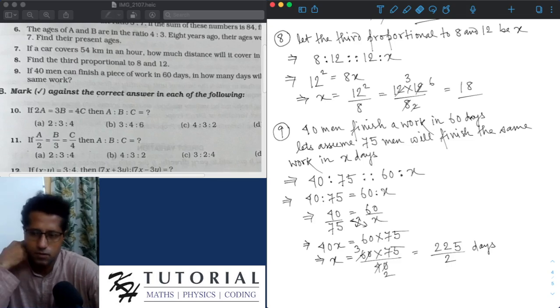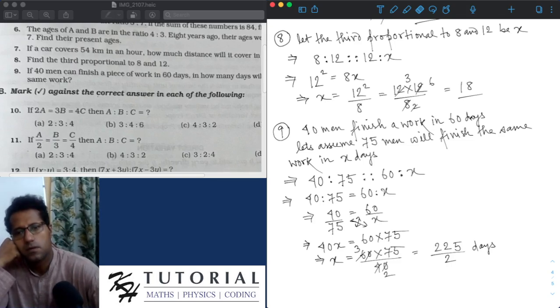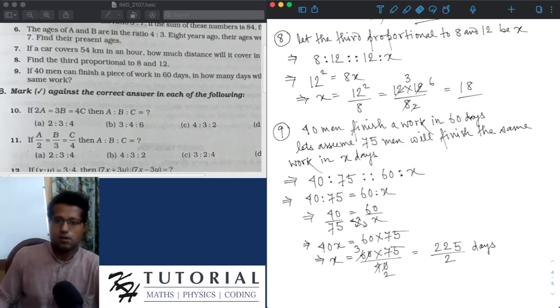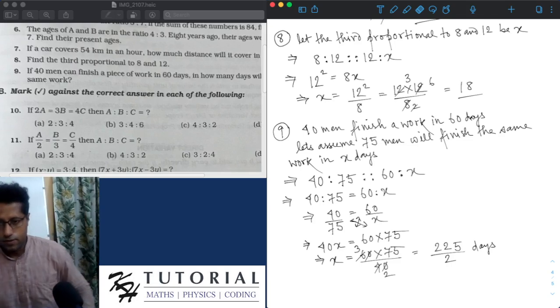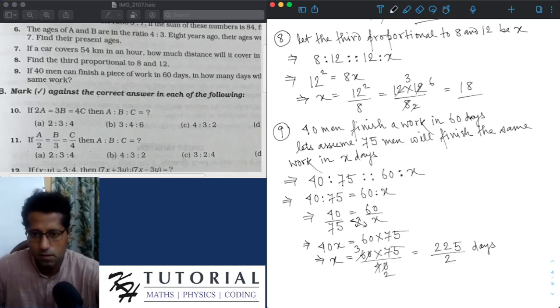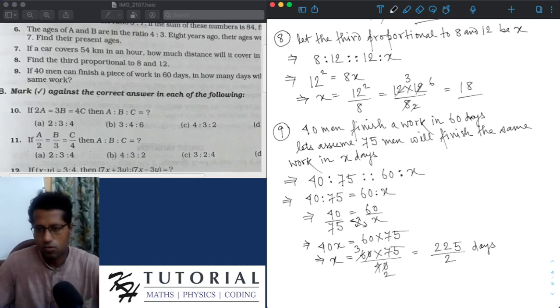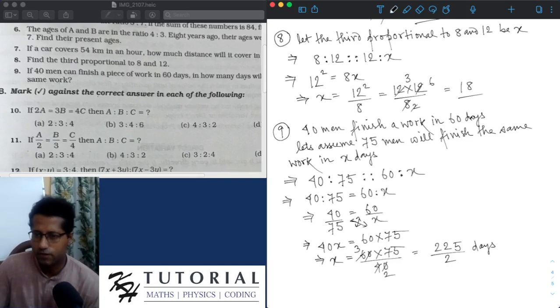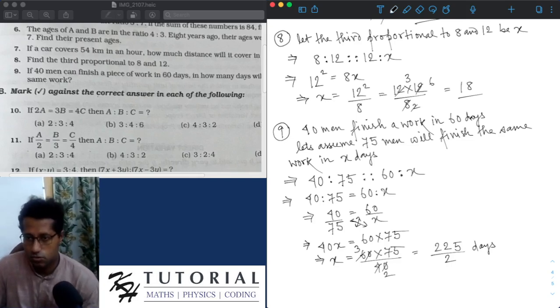40 men finish a work in 60 days. Actually, this assumption is wrong, because if more men work, definitely the number of days should be less.